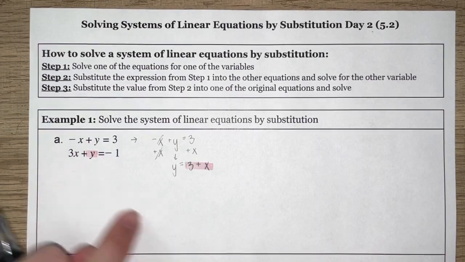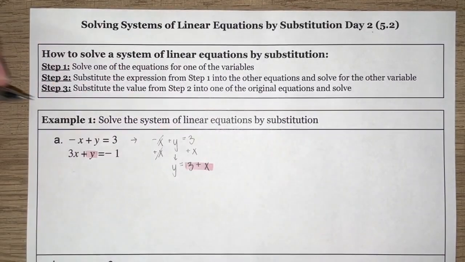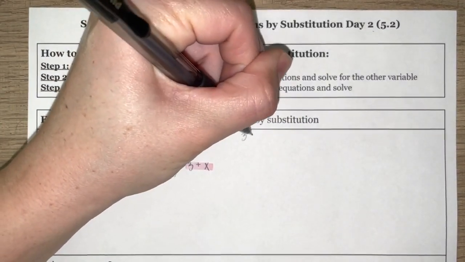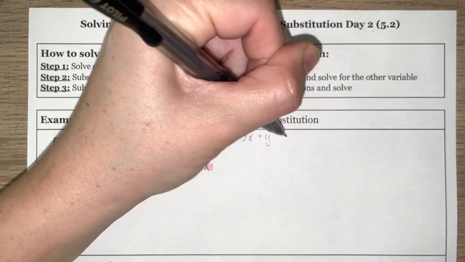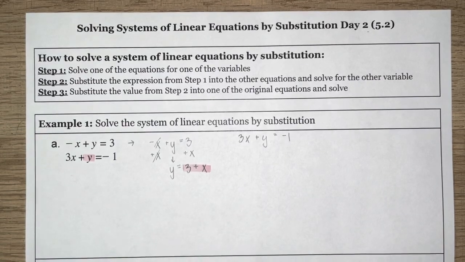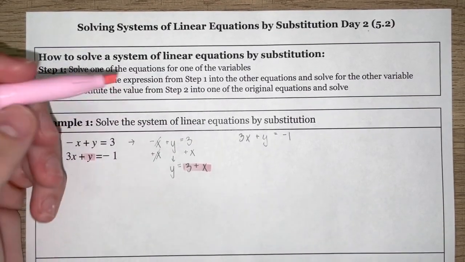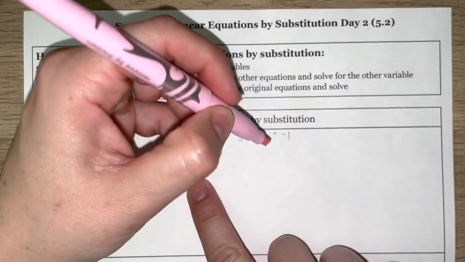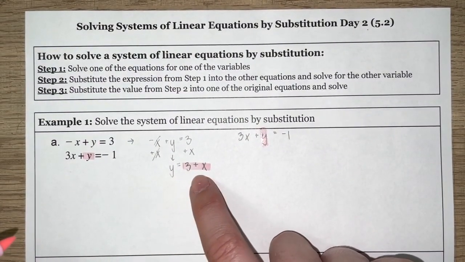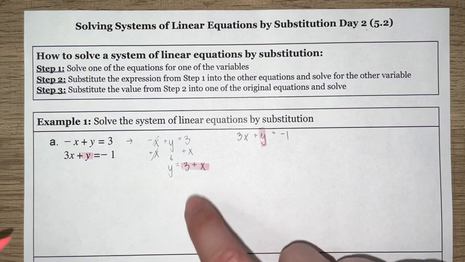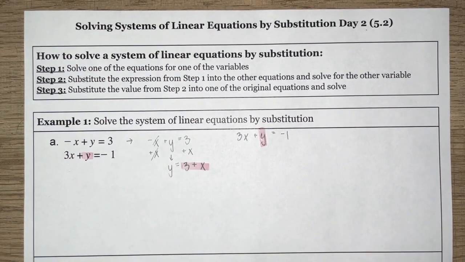So I'm going to rewrite this equation up here just so we can see how it's getting substituted in. That second equation is 3x plus y equals negative 1. And we just found out that y is equal to 3 plus x, so we can substitute 3 plus x in for y.